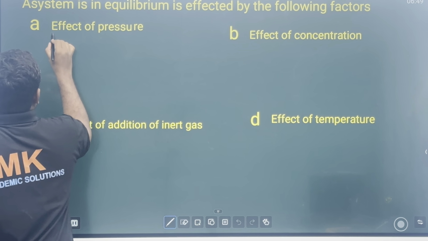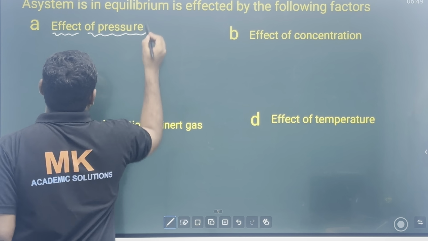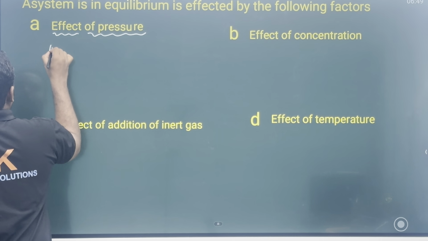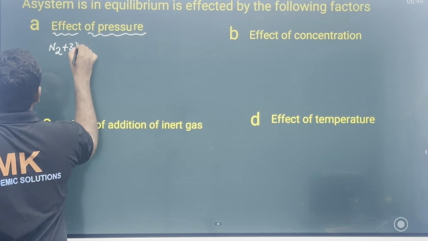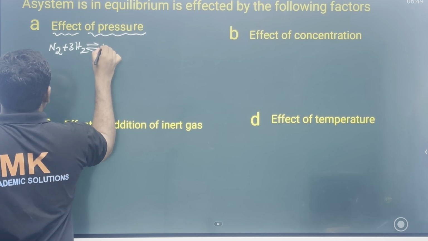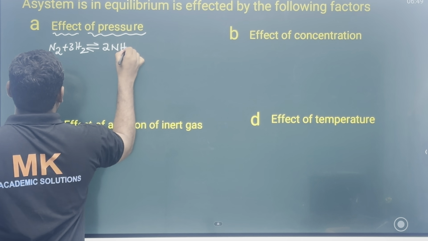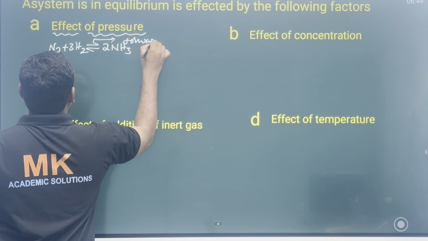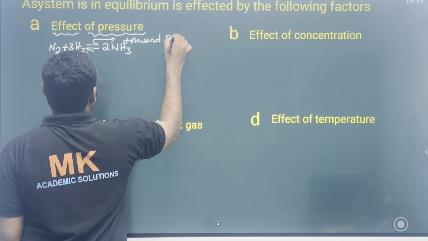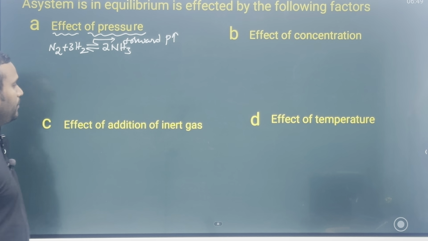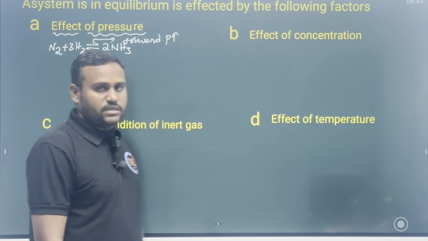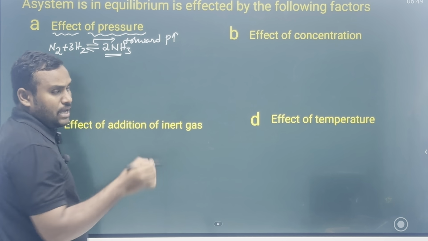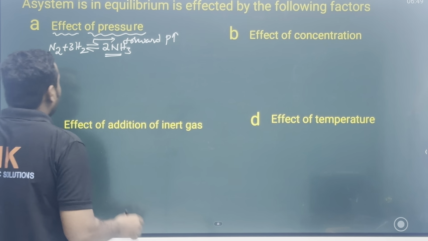Next, you see the equilibrium of a system is affected by the following factors. Effect of pressure. What is the effect of pressure? N2 gas plus 3H2 gas gives rise to 2NH3. This is the forward reaction. When pressure increases, forward reaction is going to take place, because equilibrium shifts towards the lesser number of moles.